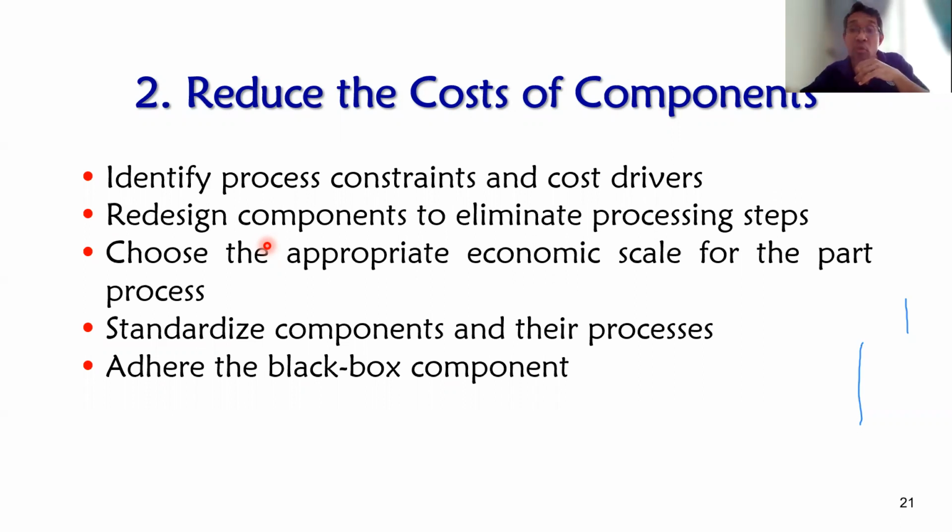But if you produce more, you divide by the more products you produce, and you get a relatively small cost per unit product. You remember, the unit cost is the fixed cost divided by quantity, like machine and tooling, plus the variable cost.